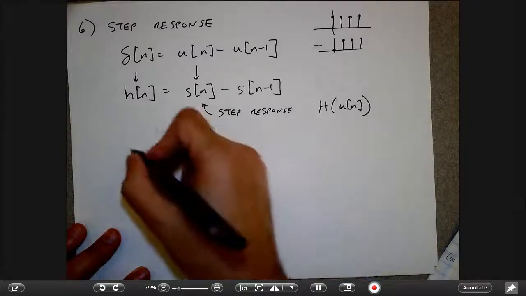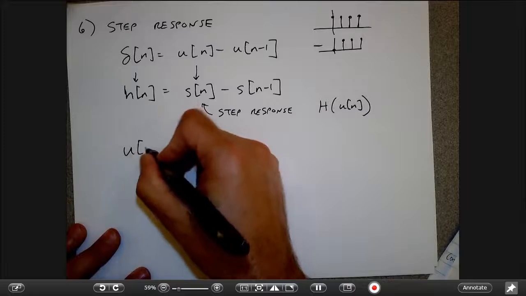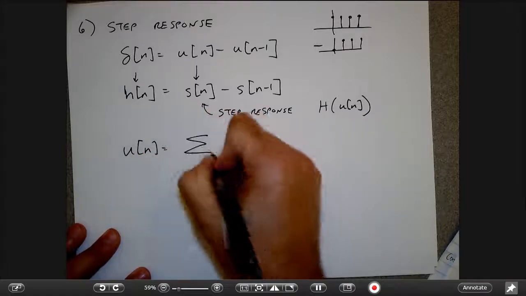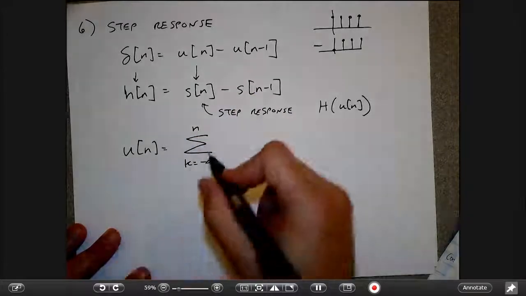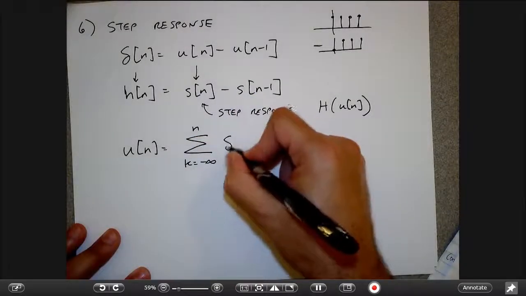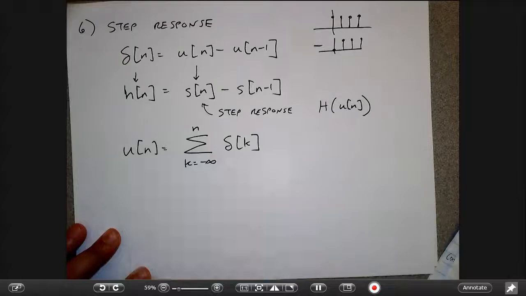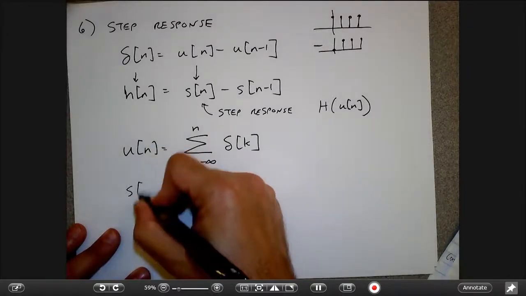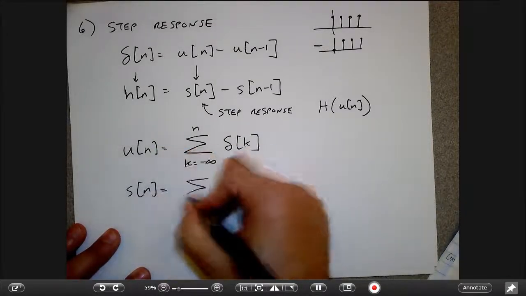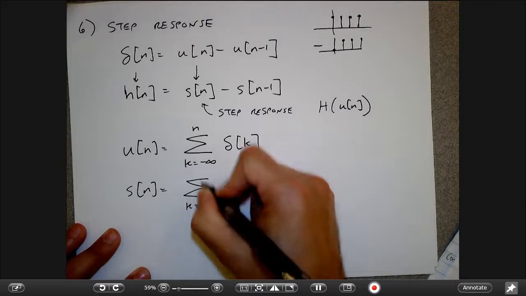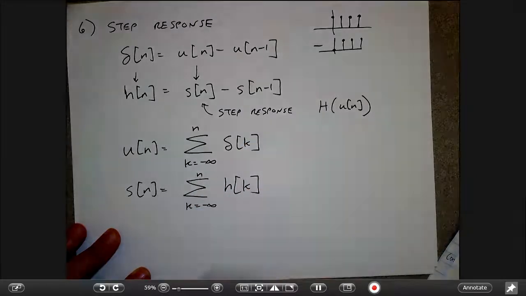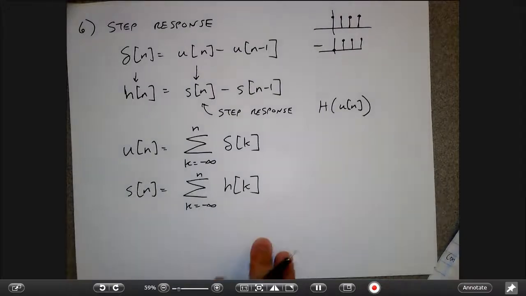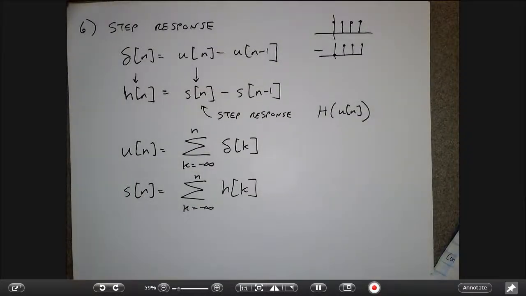Or a different way of saying it is that since the unit step looks like the sum of the delta functions up to a certain point, my step response is equivalently the sum of values of the impulse response up to a certain point. So if I know the impulse response, I can get the step response and vice versa.